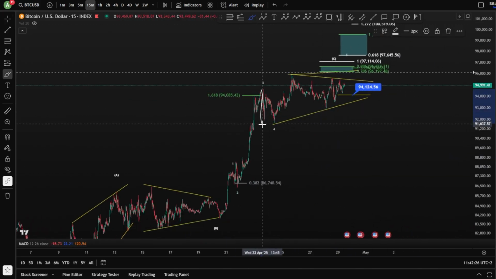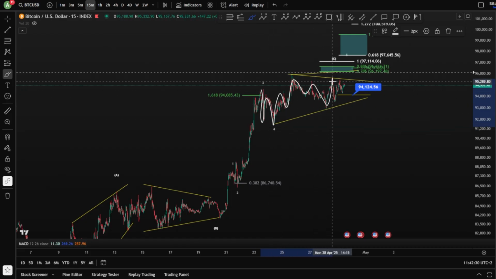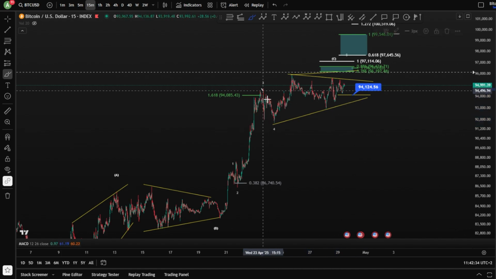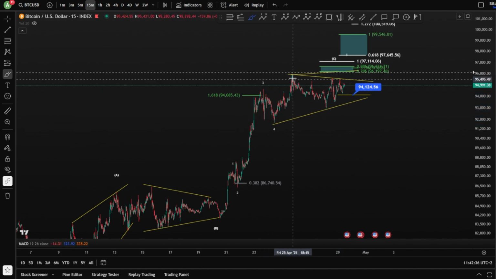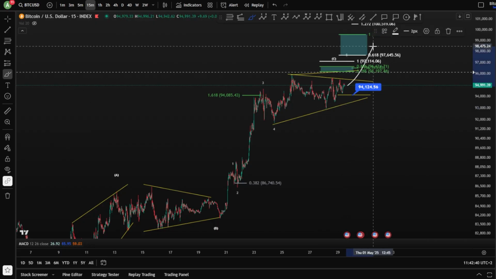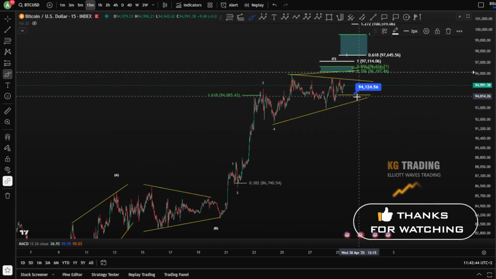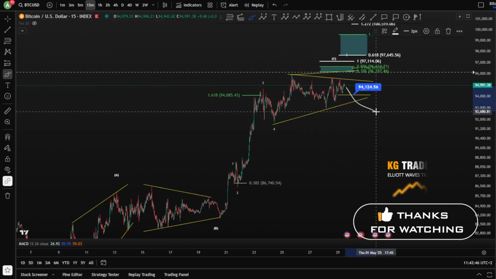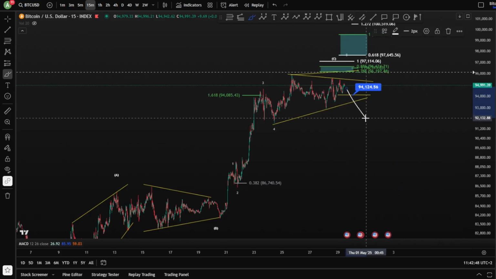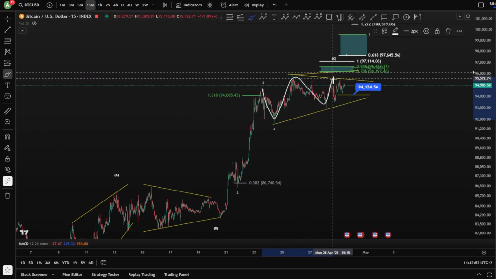And if you are also in a different scenario as W, X, and a Y here, your wave Y is A, B, C, D, and E. So this is a different scenario, W, X, and a Y, finished as, of course, a triangle again. You need to break out. And if something else is unfolding here, that means it can turn bearish, the breakdown. Because if you are bullish, you want to move toward the upside like right now.